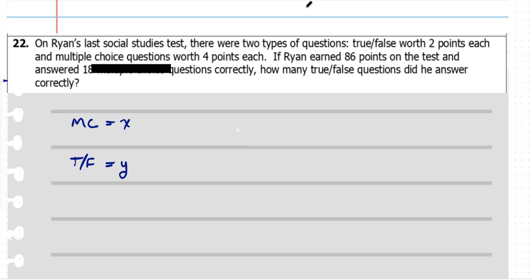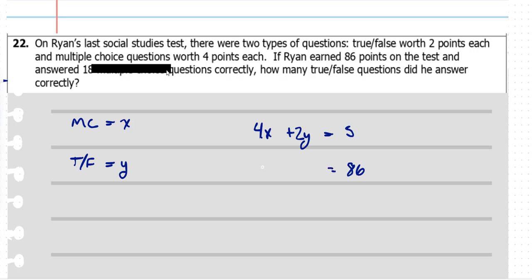We had 2 points each for the true, false, so 2 times my y, and 4 points each for the multiple choice. So 4x plus 2y is equal to his score, which in this case was an 86.